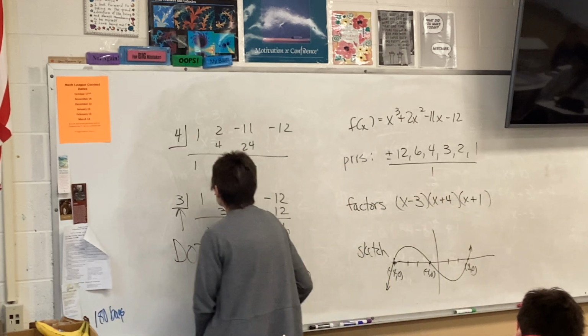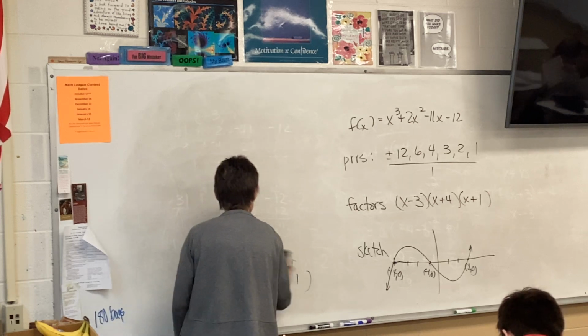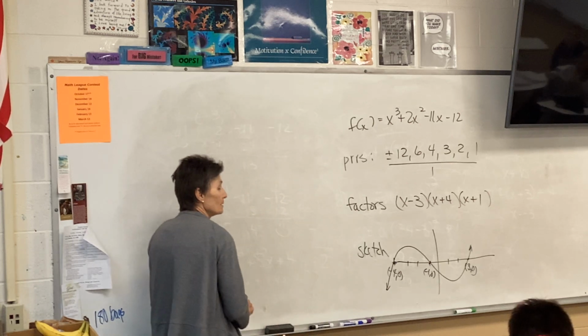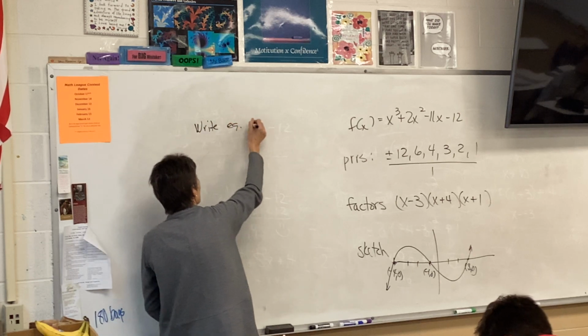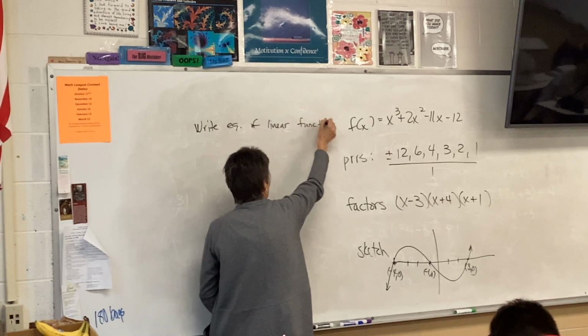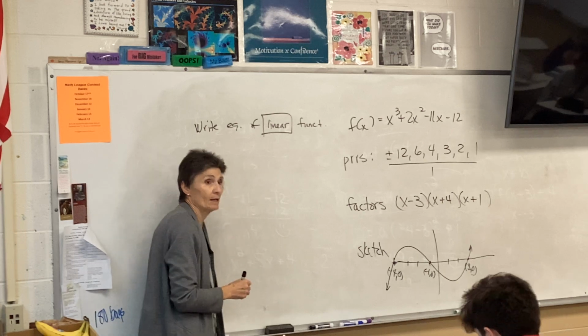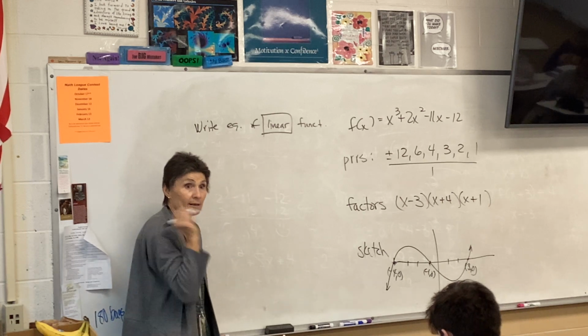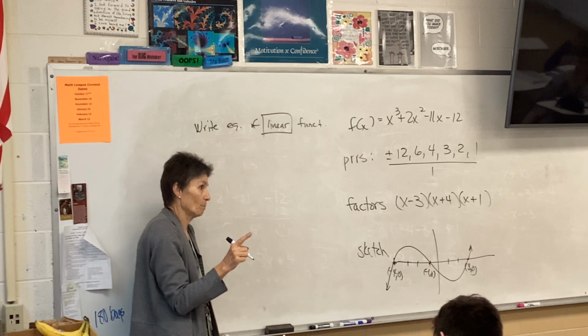The question will say, write the equation of a linear function. Linear, there's the key word. Because when somebody says line, you think slope. That is the only time you think about slope.